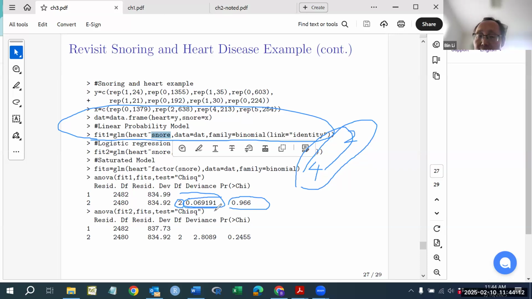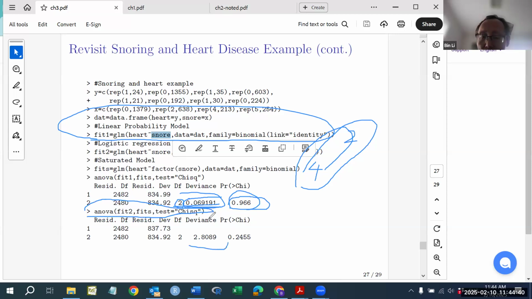The deviance follows a chi-square distribution, so you go to the chi-square table and you can find that. Of course, if you use the tables that I give you, that should be a range, not an exact number, but the software will give you the exact p-value.